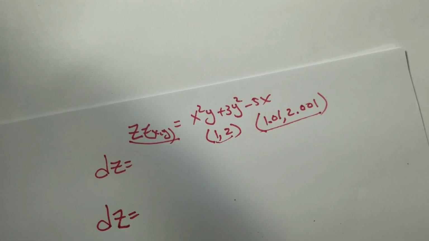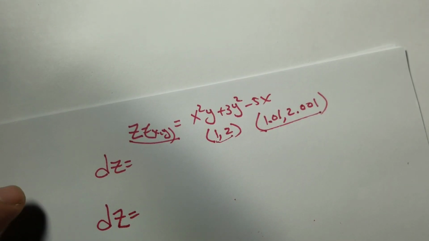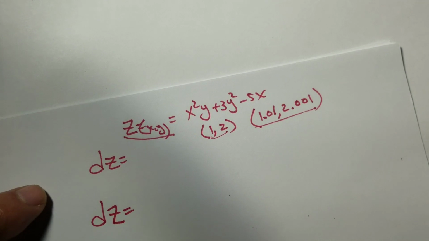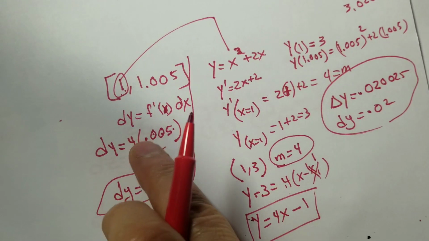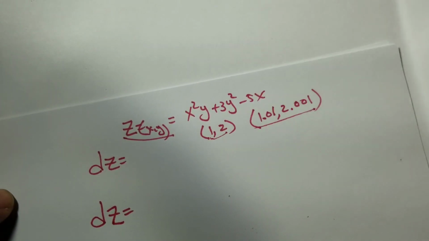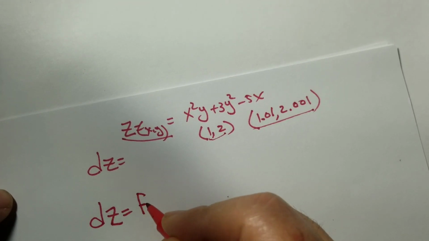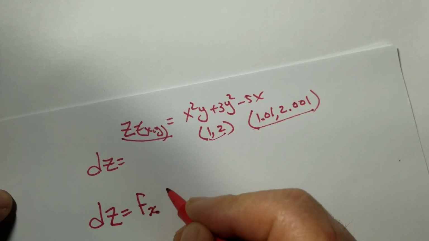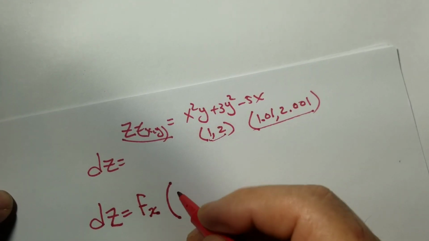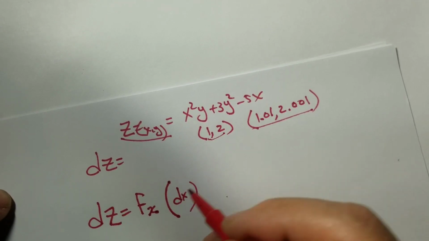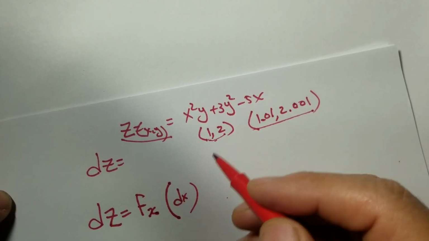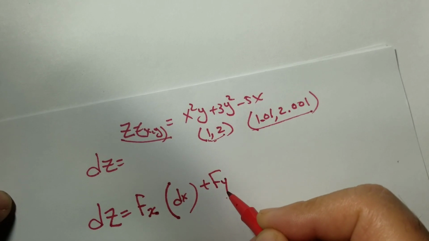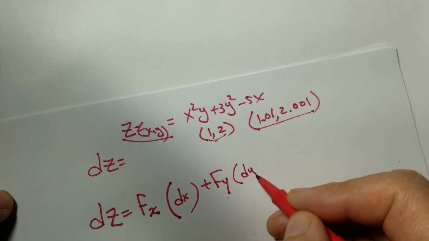Total means the change caused by the x plus the change caused by the y. Therefore, I need two differentials: one is the partial derivative with respect to x times dx, where dx is 0.01, plus the partial derivative with respect to y times dy.